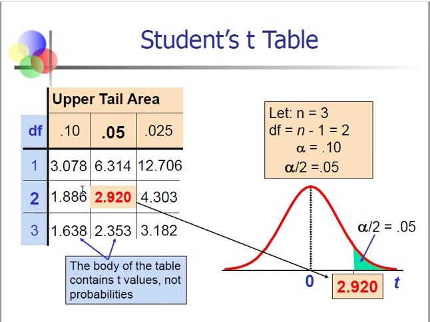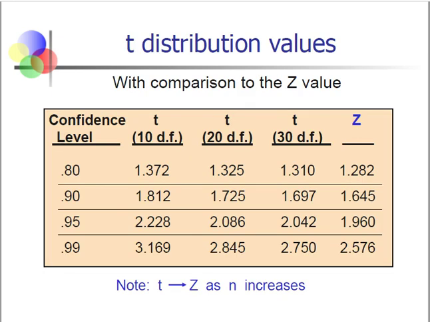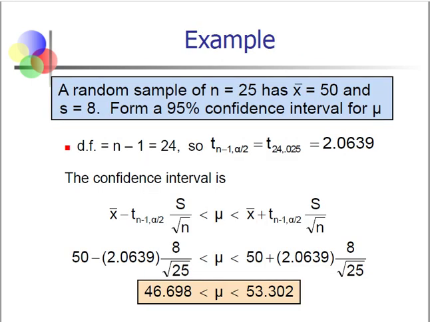Okay, so it is not difficult. What we have inside the table are t values, and the column headers are just probabilities. The t distribution actually approaches the z distribution as n increases.